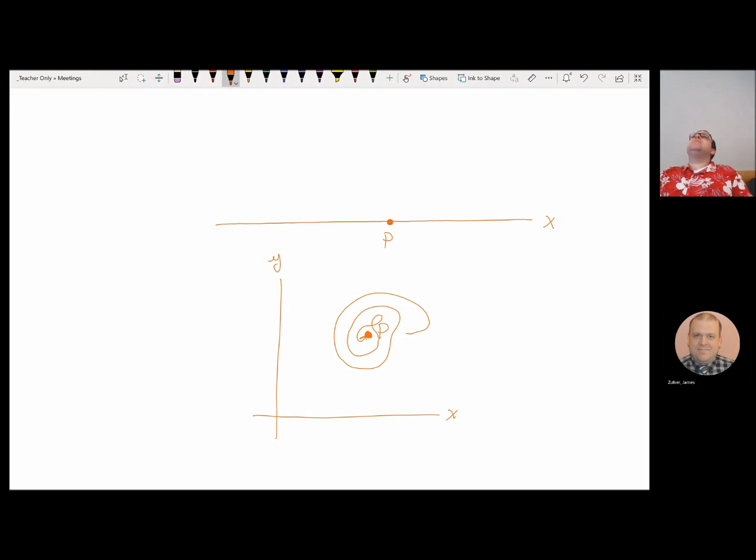A very common mistake I see is students will show two paths where the limits are the same and go, ha, the limit exists. That's not how this works. Because all you did was say, oh, it's the same for those two paths. But what about the infinite number of other paths that you can approach it? You haven't shown that it's the same.